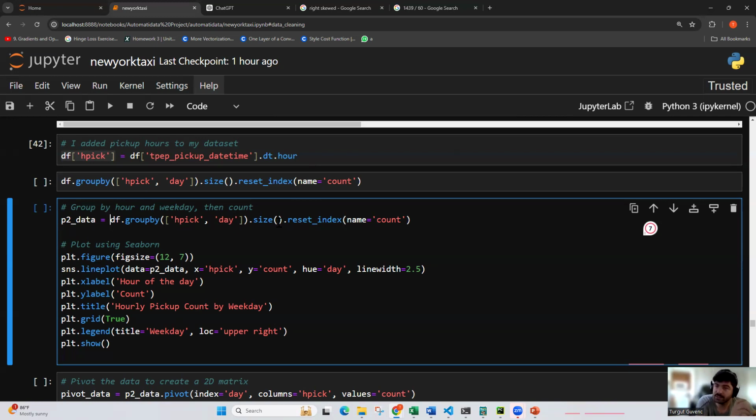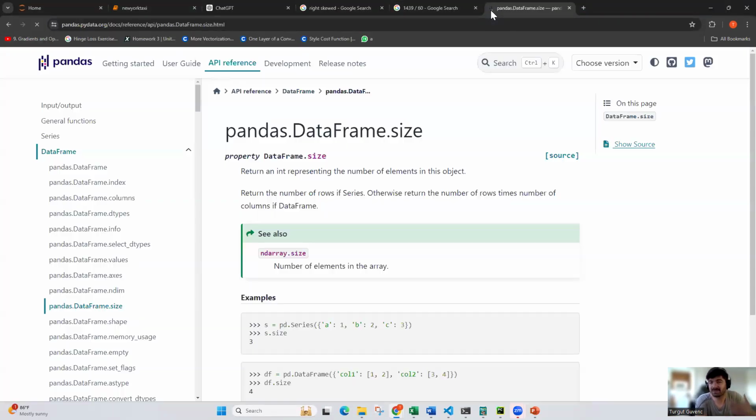And then what I'm getting is each size, this size function. Let me just show you the documentation here real quick, because I opened it for explanation in pandas. Always look at the documentation to understand how your code works, okay? Because it's a really good way. It returns an int representing the number of elements in this object.